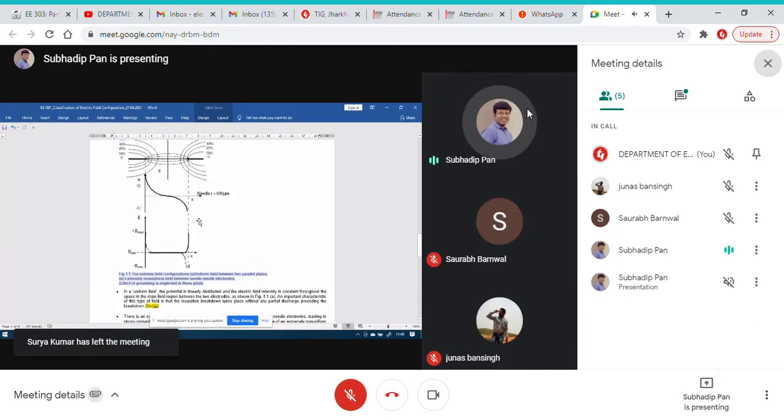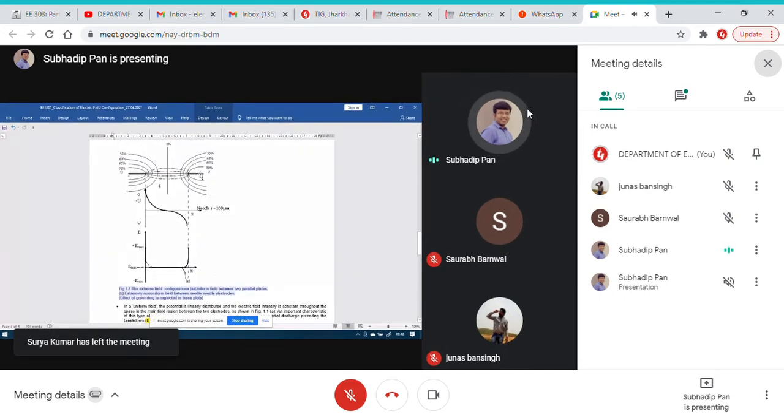Needle electrodes means we put electrodes here and here, and this portion will be your needle portion. So how your electric field is distributed non-uniformly is shown in this figure.